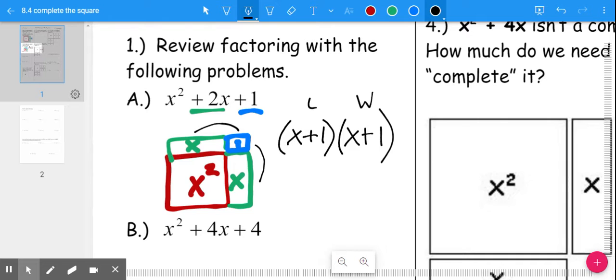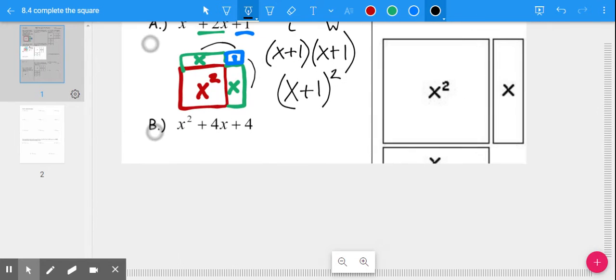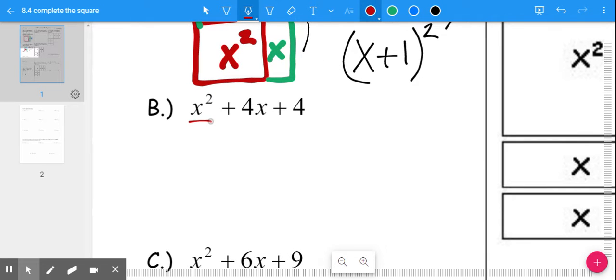Now, because it's the same thing, we can actually rewrite it using an exponent because exponents mean repeated multiplication. So I have that x plus 1 multiplied by itself twice. So exponent 2. So if we look at this next one, we have an x squared. So we start off there. We have 4 x's.